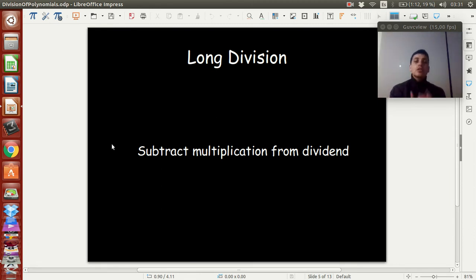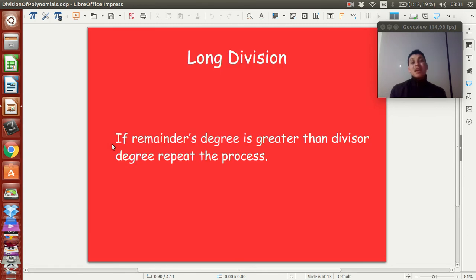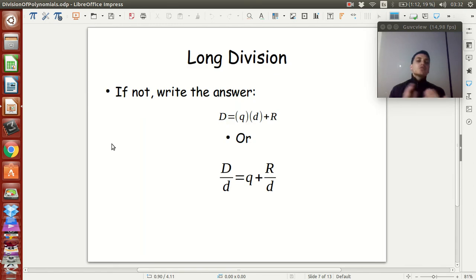So you have to check the remainder. If the remainder's degree is greater than the divisor's degree, repeat the process. Take the first term, divide them, quotient, multiply, and then subtract. If not, it's because you finished the division and you just have to write the answer.